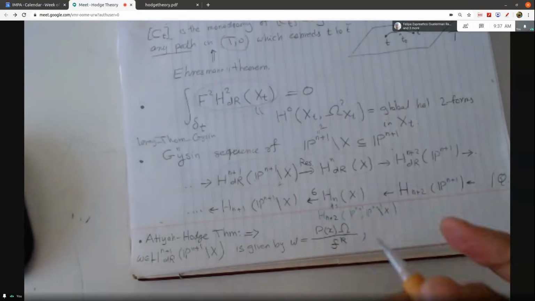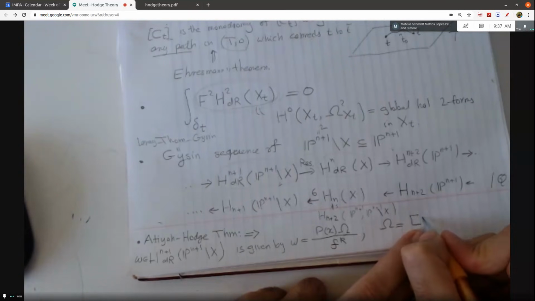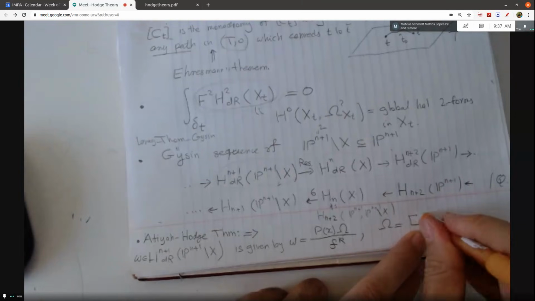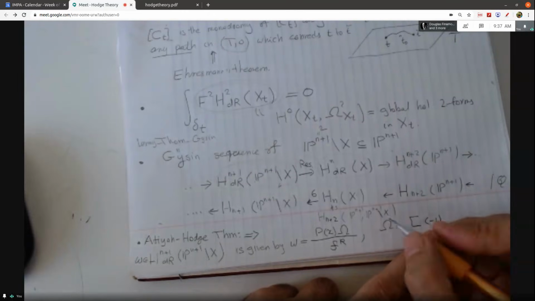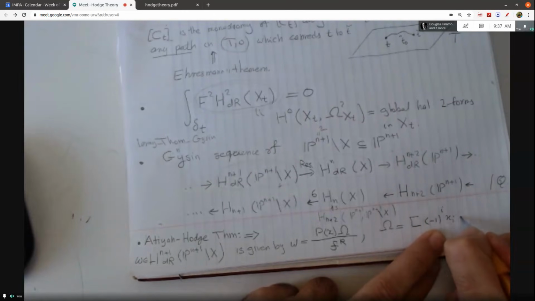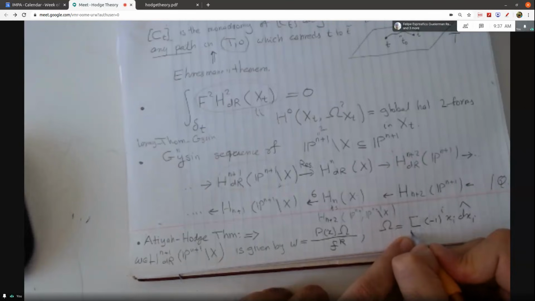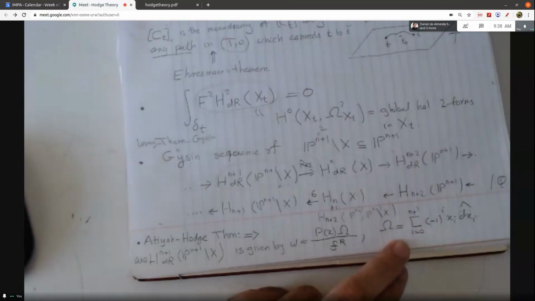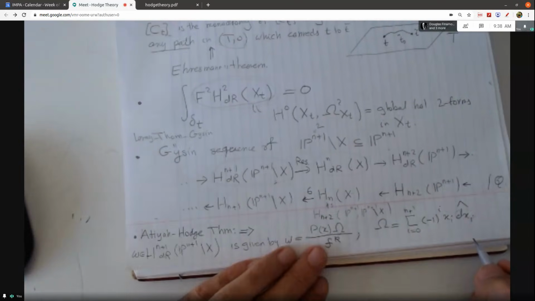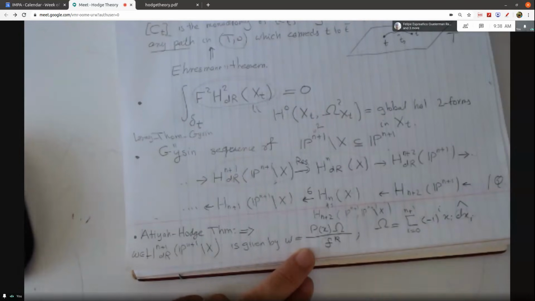So let's explain. Capital Omega is, as in the introduction of Griffiths' theorem, we will discuss this once again, the sum of x_i dx_i hat. So dx_i hat is the wedge product of all dx_j except this dx_i. And so I have written this in affine coordinates.